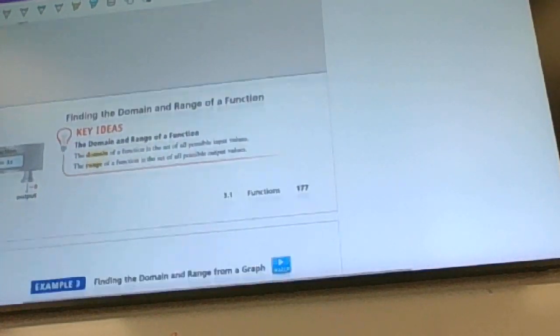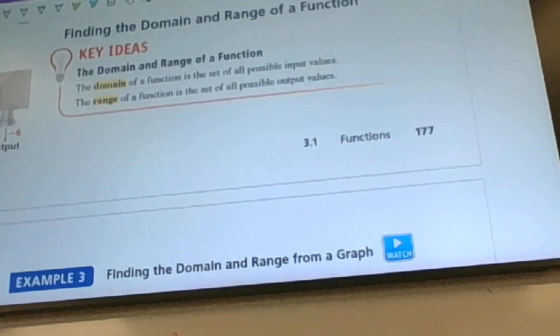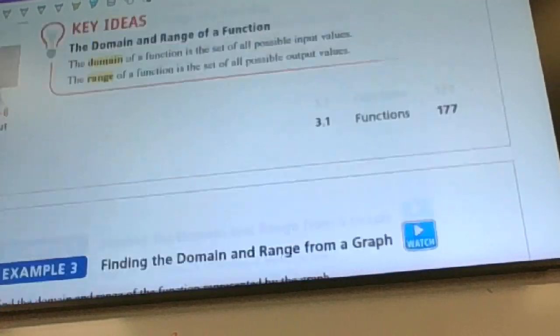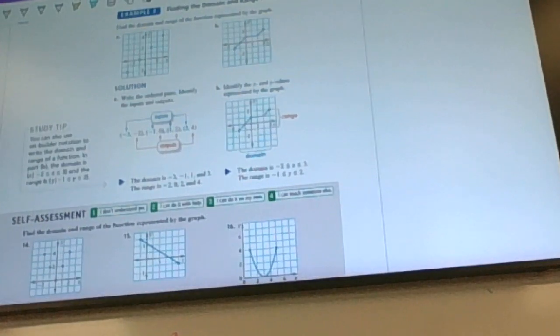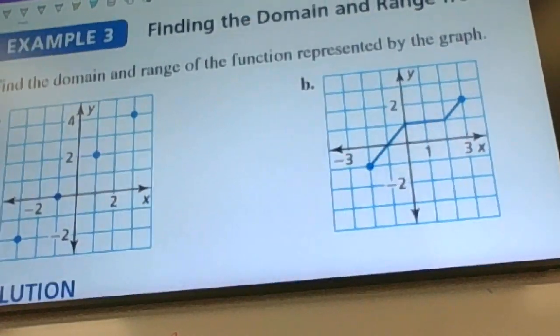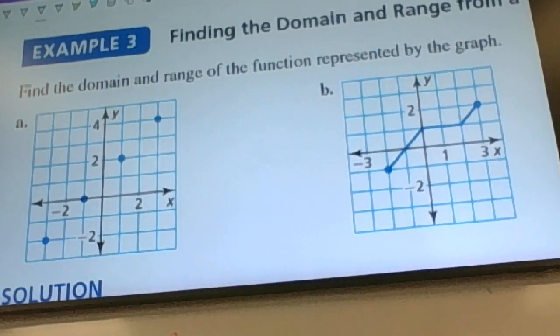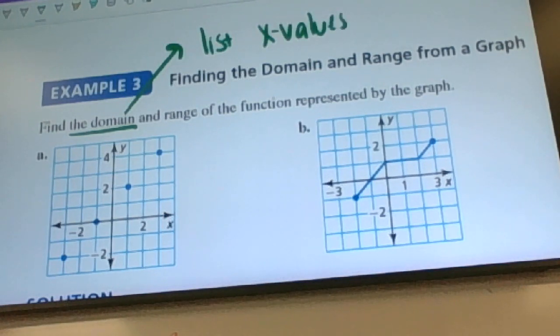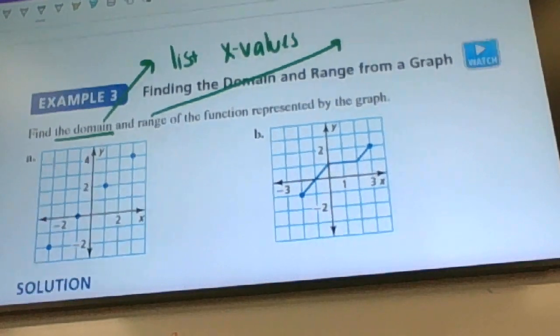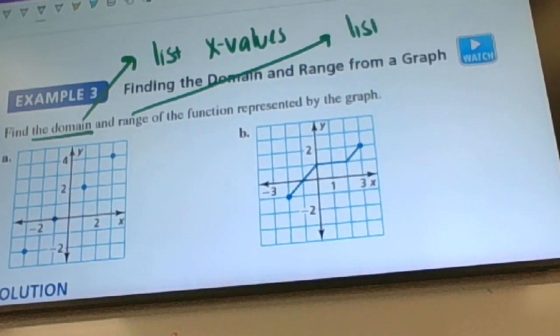Alright. Domain, range. Set of all inputs, set of all outputs. So let's talk domain range here. When it says find domain, make a note here, that means list X values. And when it says find range, that means list Y values.